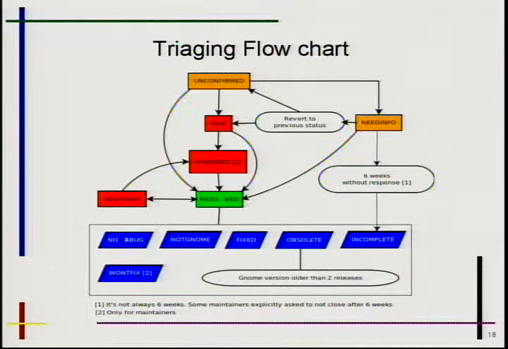After new, if we got the response and we have moved to unconfirmed, or if that information is proper and we have moved to the new state, then if any developer is ready to fix that bug, it will be moved to assigned state. Then he will provide the patch for that, and then the bug will be closed as resolved fixed.